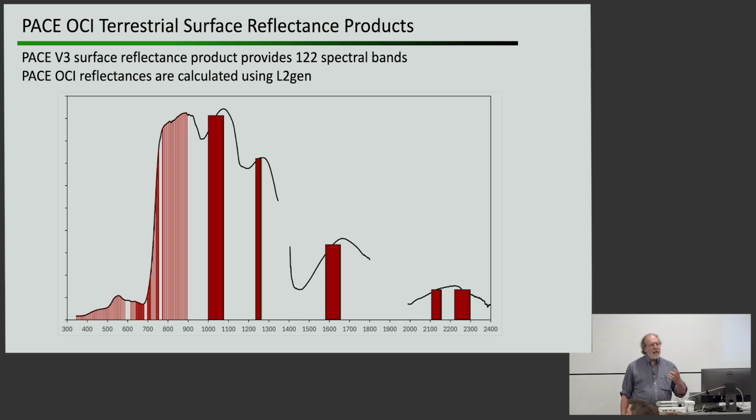And so you can see we have a lot of bands in the visible and near infrared, and that's really useful to us because, again, you ocean guys know this, that's where the pigments are, and we're interested in the pigment contents. The shortwave IR bands are useful to us because they're sensitive to water content in leaves, and that's also an important thing that we're interested in.